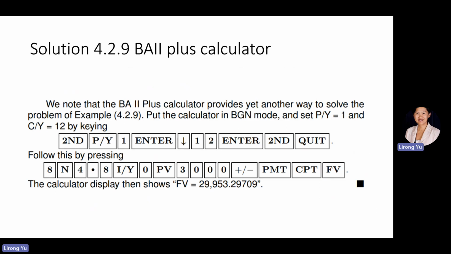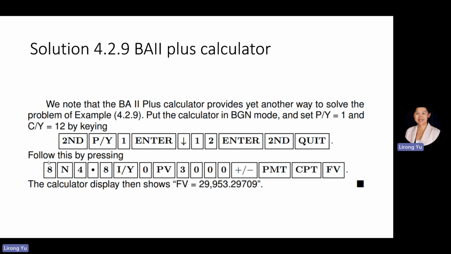So we're going to click second P/Y, 1, enter. That sets the P/Y equal to 1. And then next you enter 12 as your C/Y equal to 12, and then enter. That finishes setting these two, and then second quit. That finishes the setting part.